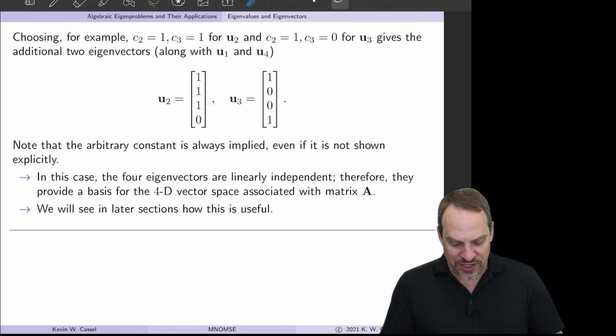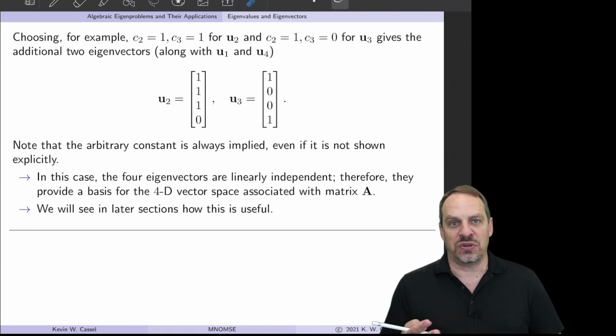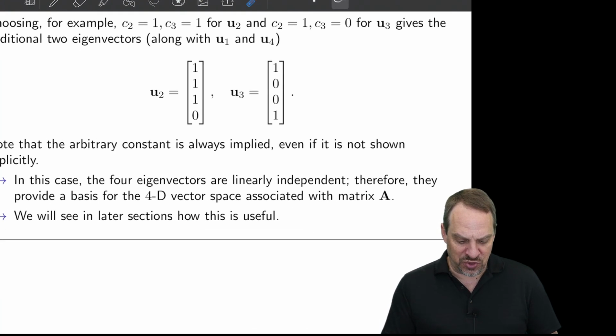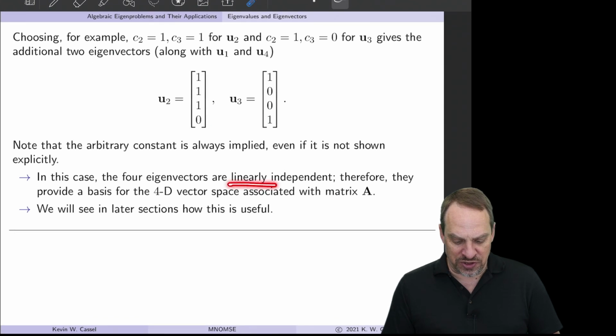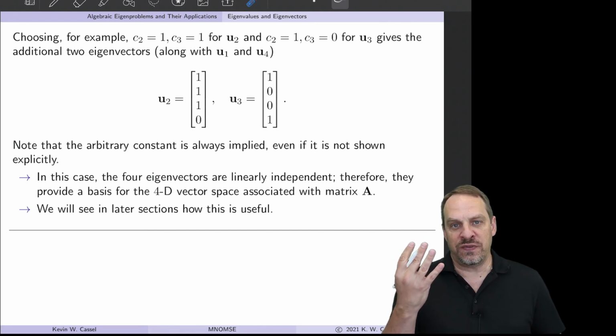Now you'll notice I have not included the arbitrary constant. It's implied. It's always there. Any constant multiple of these is a valid eigenvector. And if you take a look at them, you will see that they are linearly independent. It's pretty straightforward to check that. So what that means is then I have four eigenvectors.